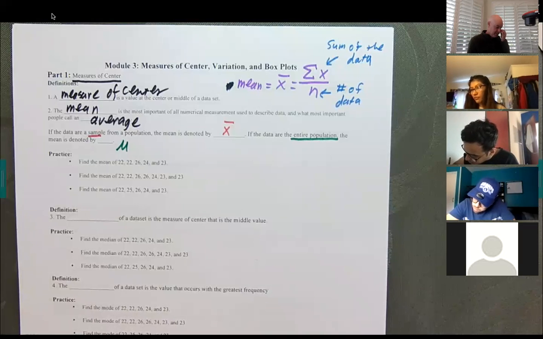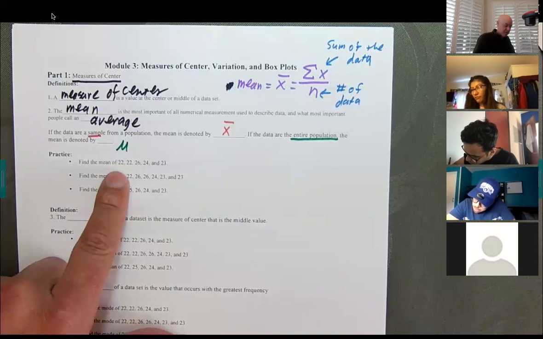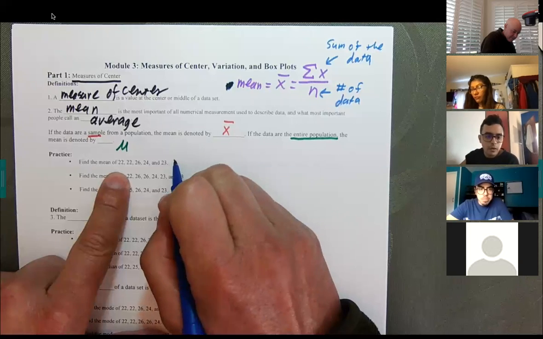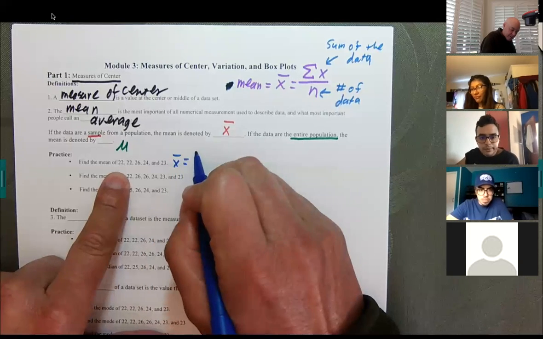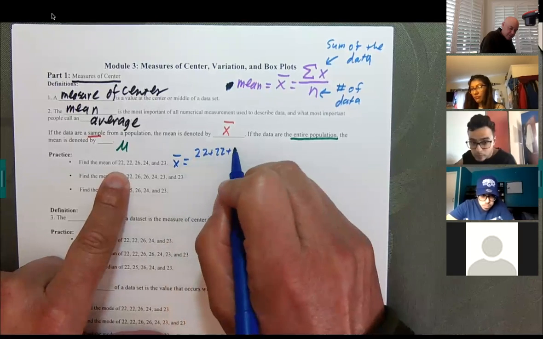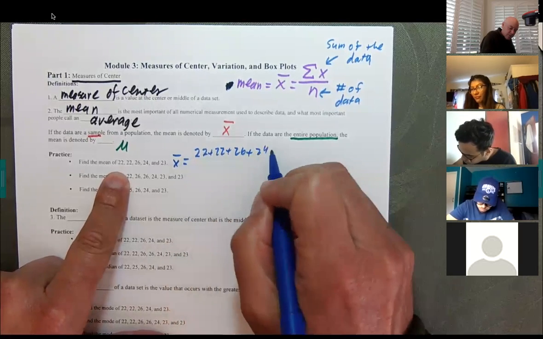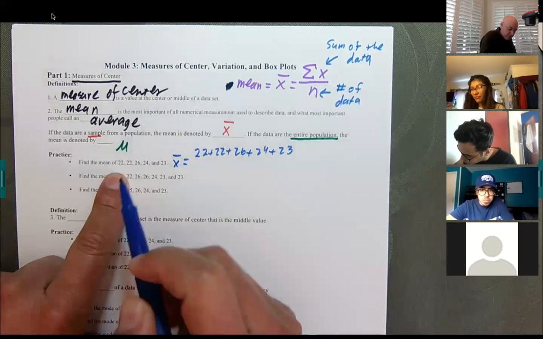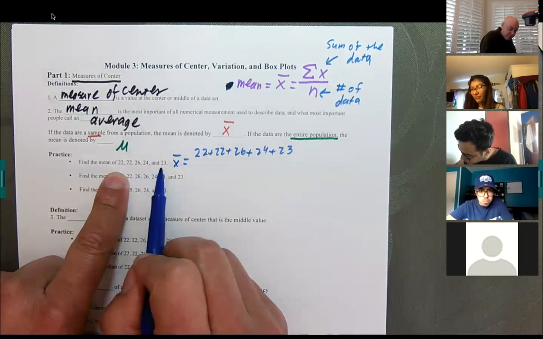All right, so we're going to find the mean of a data set. So we're here, and to find this mean, I'm going to add up the data, 22 plus 22 plus 26 plus 24 plus 23. And there are 1, 2, 3, 4, 5 pieces of data.